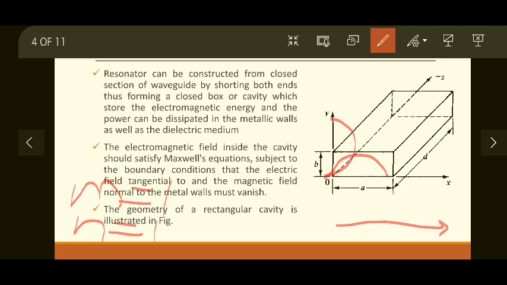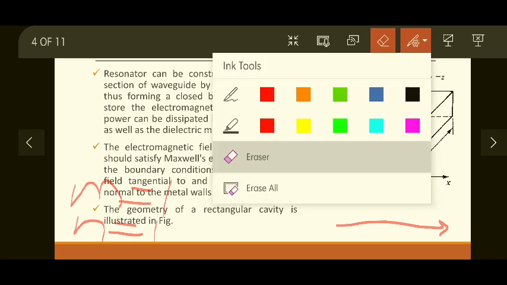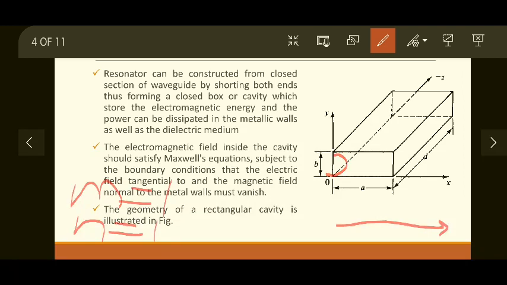Now that will be confined within the wall, so it will be like this. These are m equal to 1 and n equal to 1. This is m and this is n. And for p equal to 1, the half wave periodicity will be like this. This is p equal to 1.